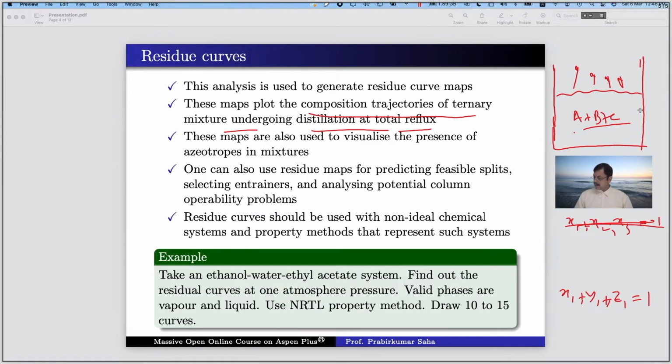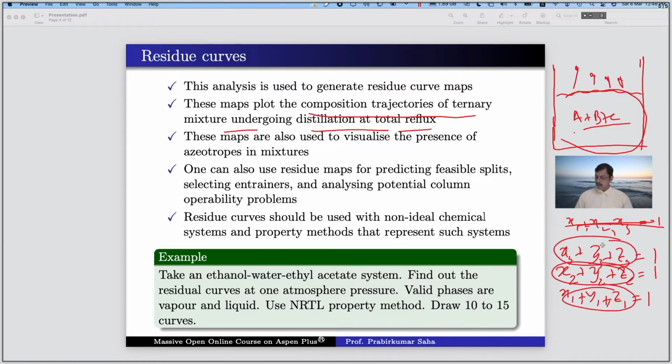And then the next moment, the composition will be X2, Y2, and Z2. Then after some time, it will be X3, Y3, Z3, and so on. That means, as the time progresses, the residual liquid will have these compositions.